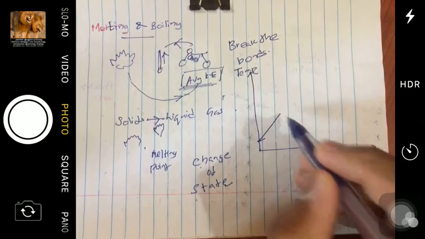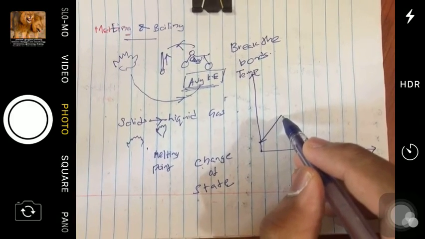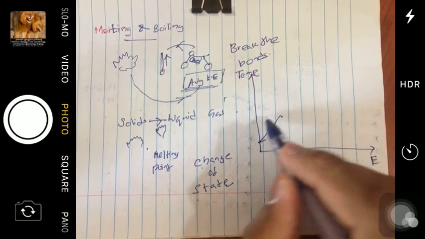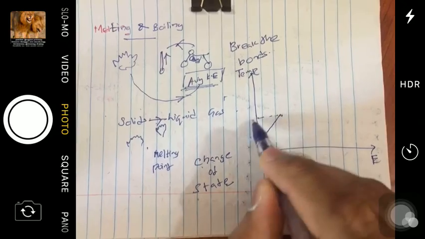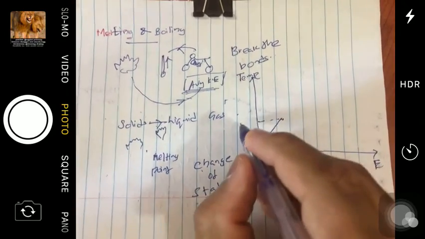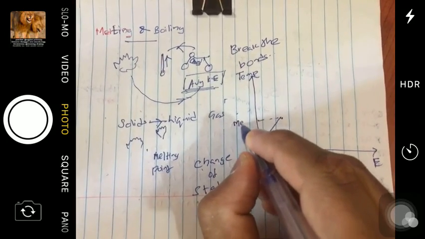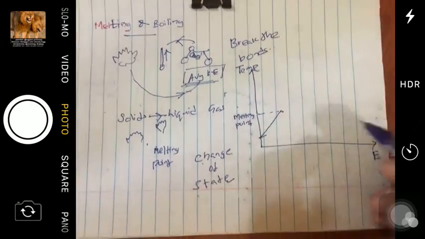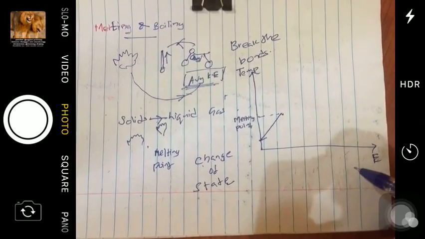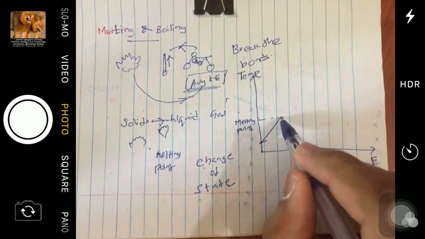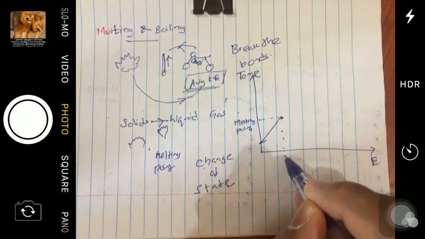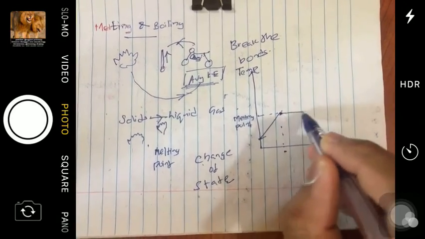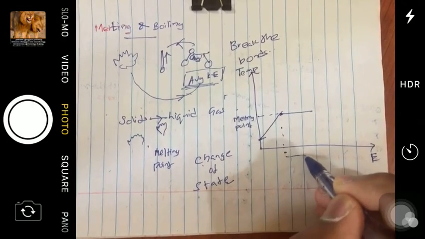But then it has got enough energy and it has reached its melting point. During the process of melting, you will be giving more and more energy.